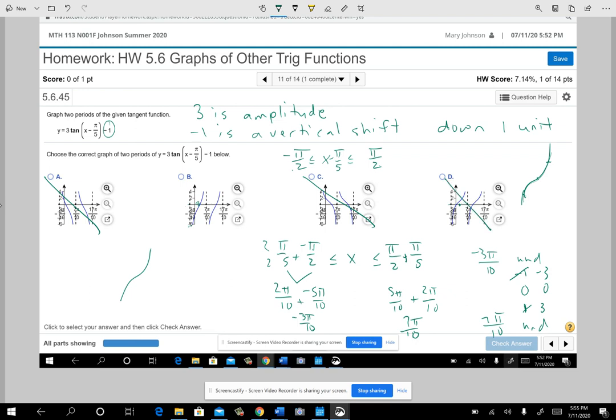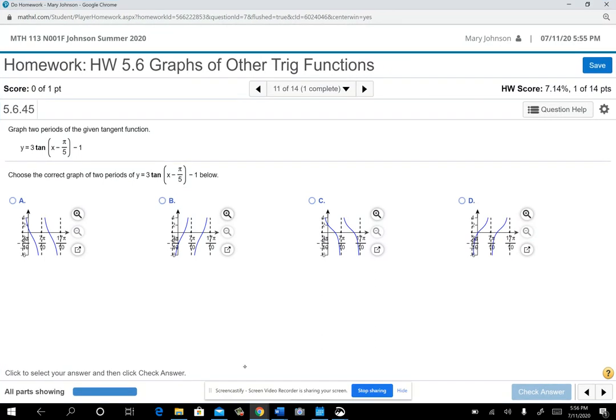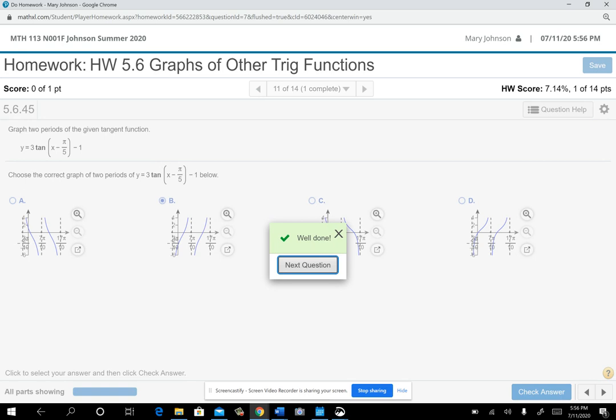So if you dragged it down 1 unit, it would be right here. Okay, so the answer to this question should be B. Okay, so let me go ahead and show you on the regular graph. If you go here to B, we can check our answer, and we got it. Okay, so I wanted to just do a little bit of help on certain questions off of the homework for 5-6.